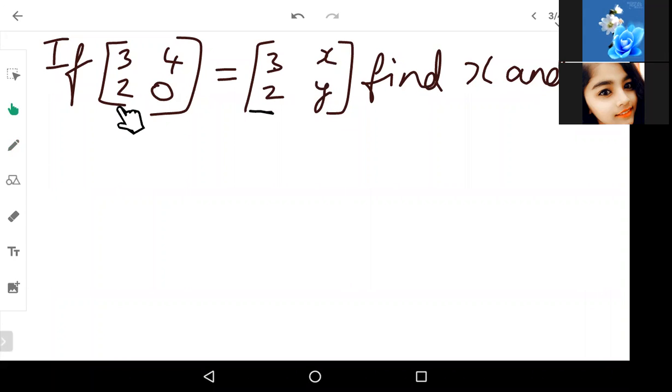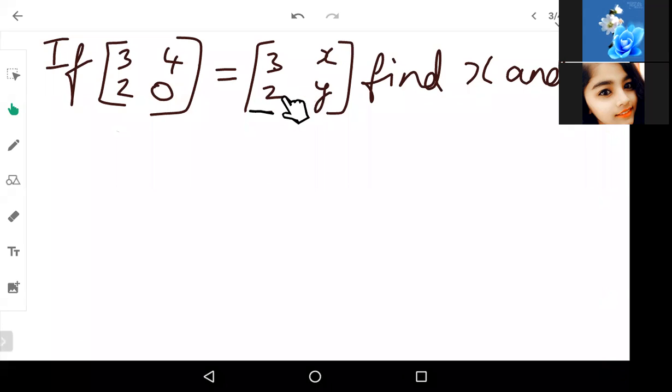So there are 2 matrices which are equal. How do we know it is equal? Because there is an equal to sign given here. So this matrix is equal to the other matrix. Now we had learned that there is something called equality of matrices.